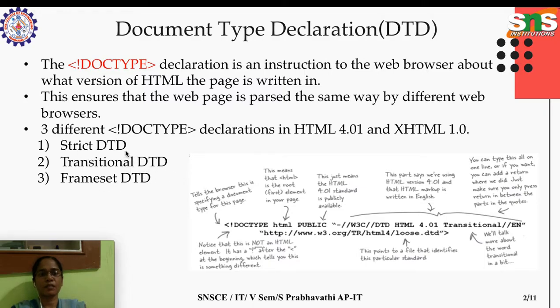Strict DTD means it doesn't allow any deprecated elements and attributes. Deprecated in this sense means those elements and attributes will be eliminated by the HTML recommendation sometime in the future. Strict DTD doesn't allow the developer to use the deprecated elements and attributes, whereas transitional will allow them. Frameset DTD means this declaration says that the browser window is divided into sub windows by means of frames.